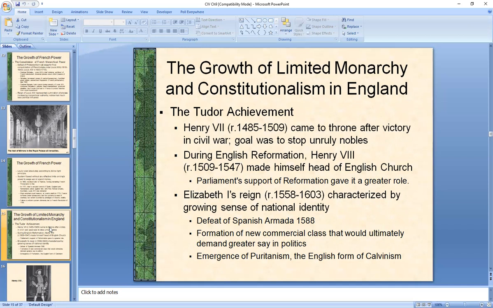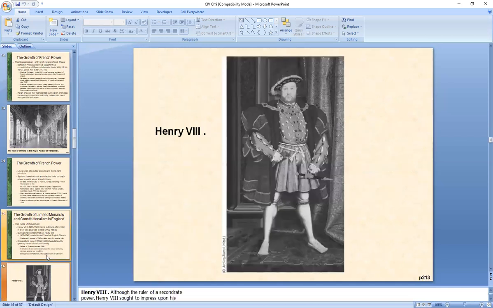She was a good ruler. Her reign was characterized by a growing sense of national identity because of the defeat of the Spanish Armada and forming new commercial classes that would ultimately demand a greater say in politics. Also, we have the emergence of Puritanism under Elizabeth's reign, which was kind of the English form of Calvinism. And there's a picture of Henry VIII.